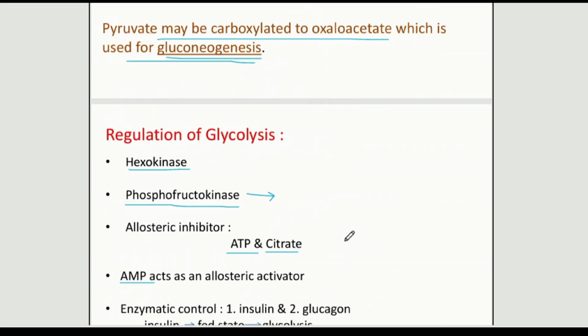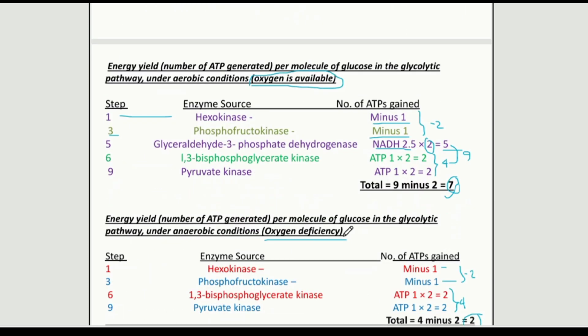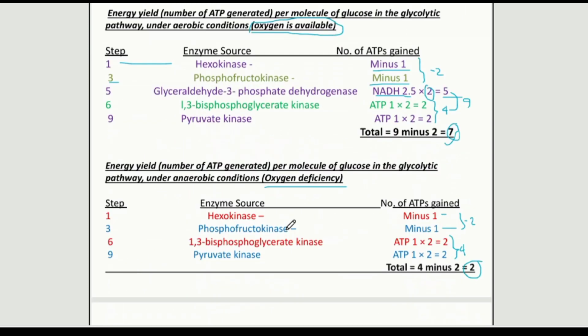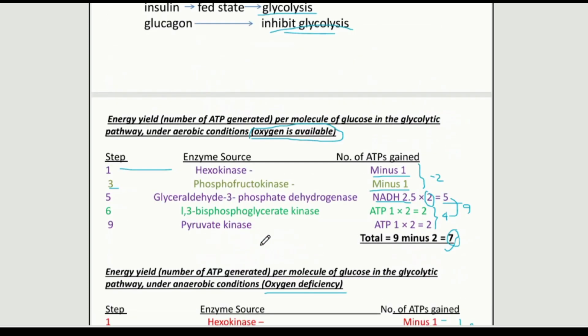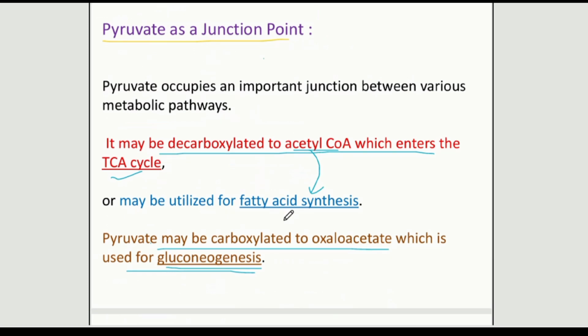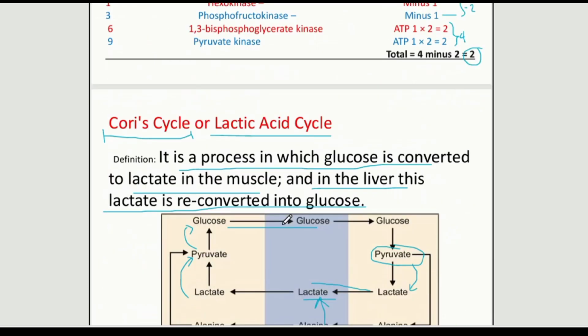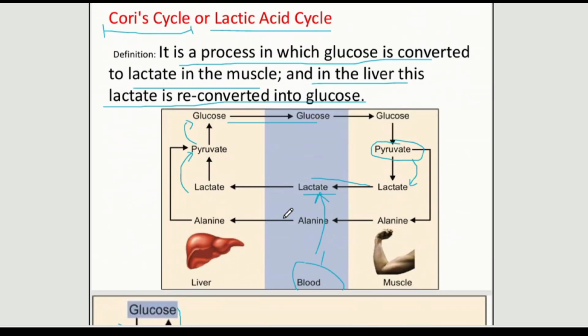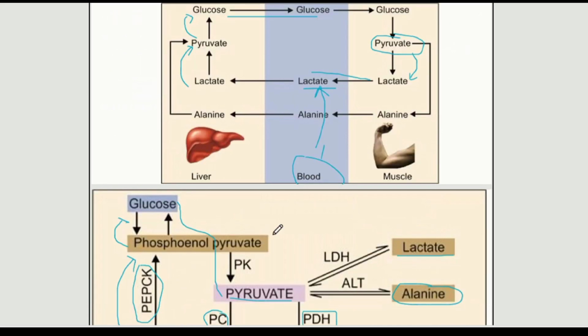That ATP yield, how it goes in the aerobic condition and in the anaerobic condition. What is the regulation of glycolysis? So this you have to remember. And there is a cycle called the Cori cycle or lactic acid cycle that is happening in the anaerobic condition.